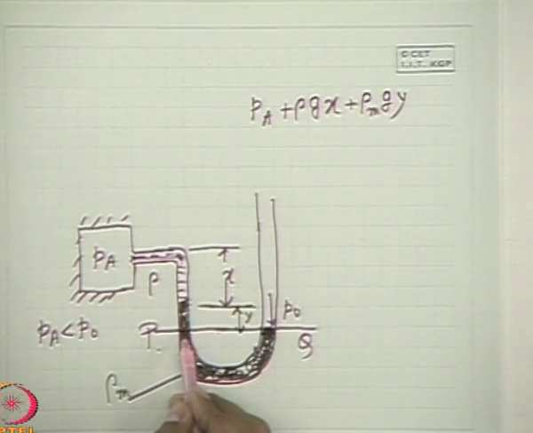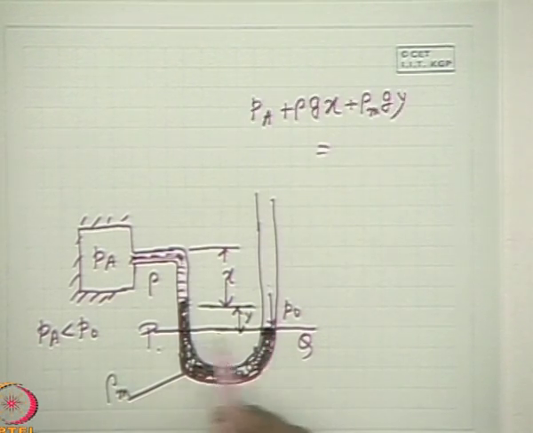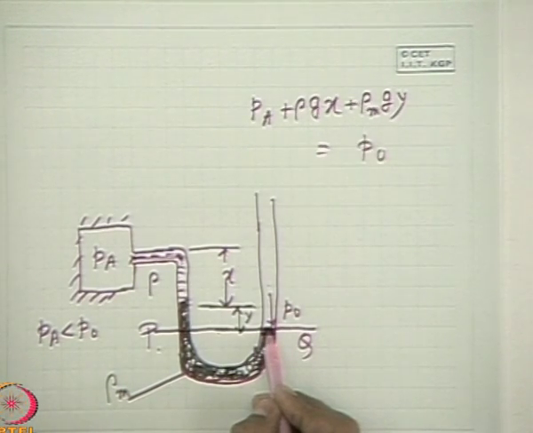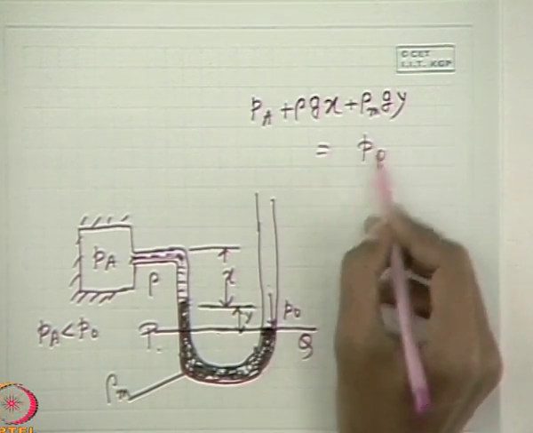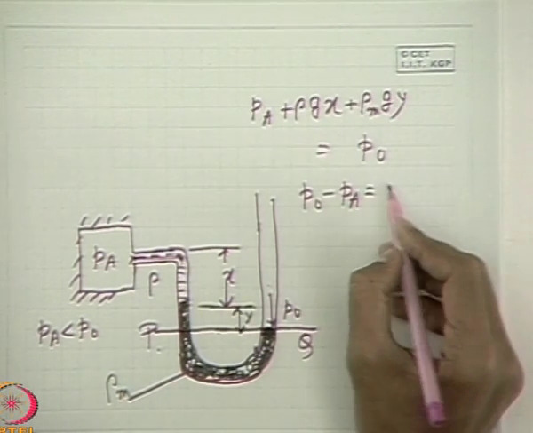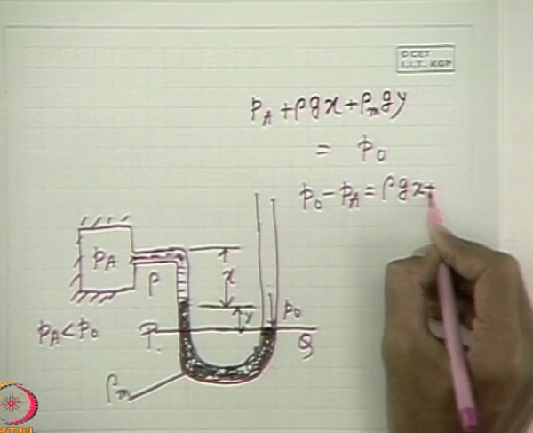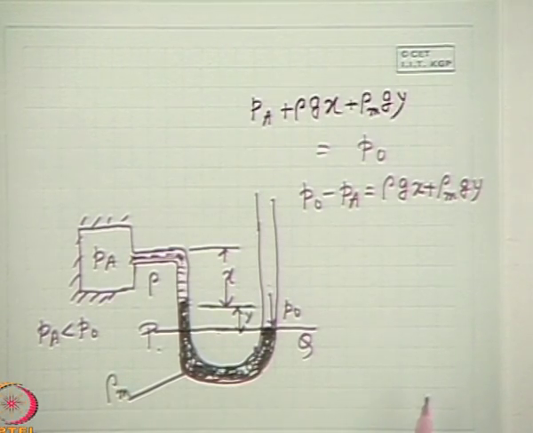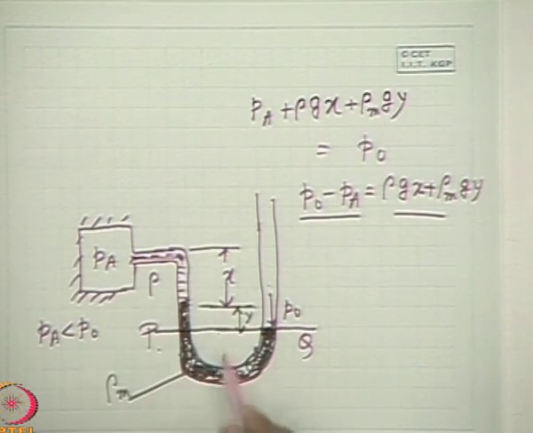Then we come to this point P from the other side, and there the pressure is P0, because it is open to the atmosphere, so the free surface pressure is P0. So we get P0 minus Pa is equal to rho g x plus rho m g y. By this we can find out the pressure of a system which is below the atmospheric pressure.